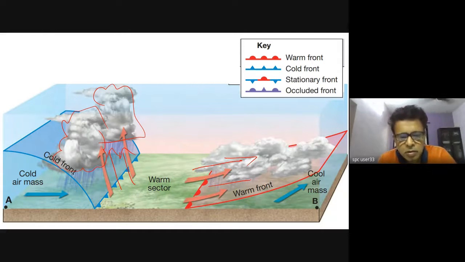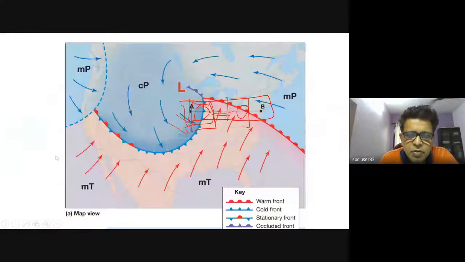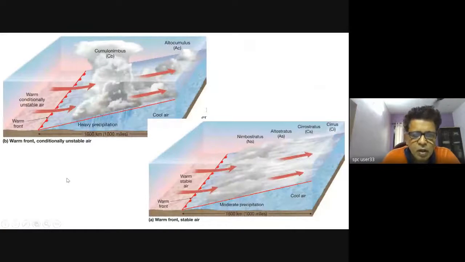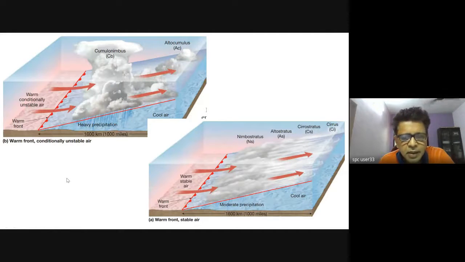Okay, so that is what actually is happening here. You'll see that in these two conditions, that is, in the warm front conditionally unstable air, and here you'll see the stability is comparatively stable as such.